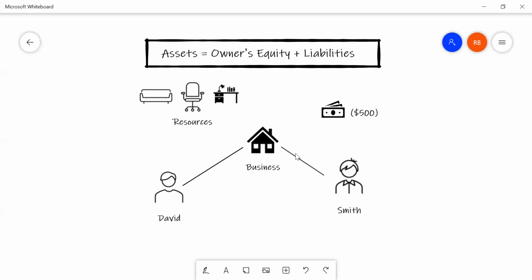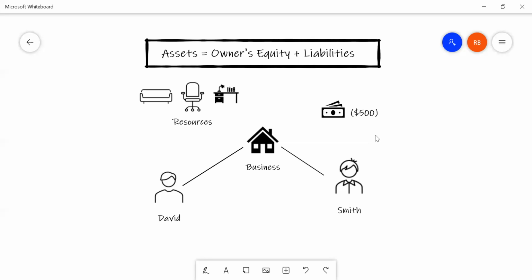Now you can see another person called Smith, right? One day, this business asks him for a loan of $500 to purchase stocks, right? Now, Smith is going to give $500 to David's business to buy stocks.